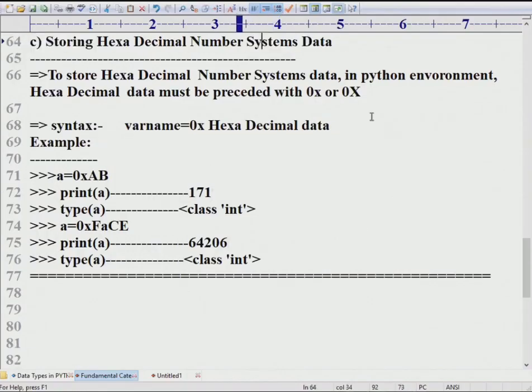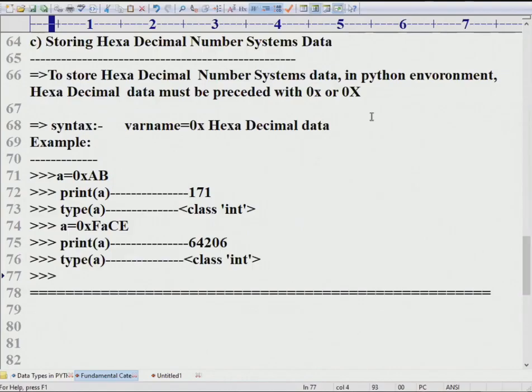Last class's subheading was storing hexadecimal number system data. I will write one invalid example also: a = 0xACER.